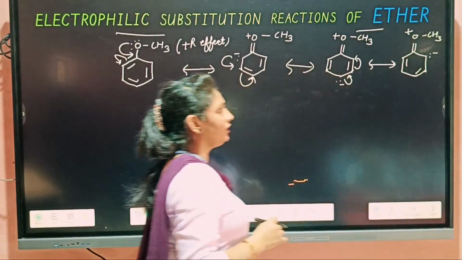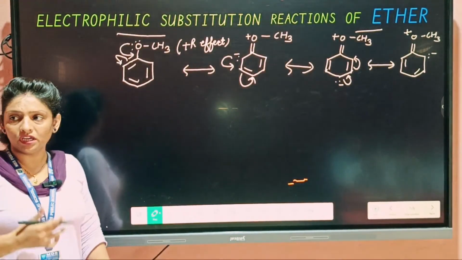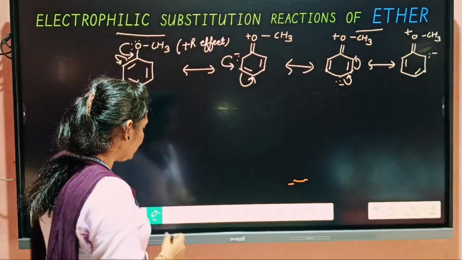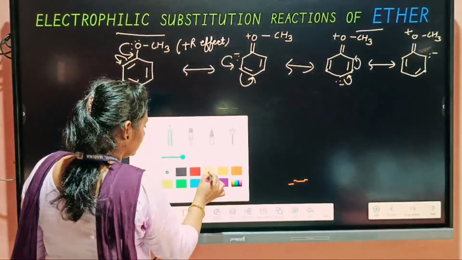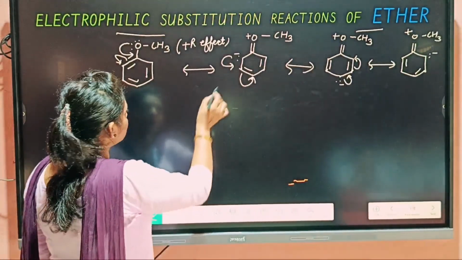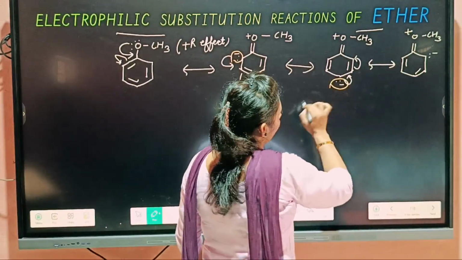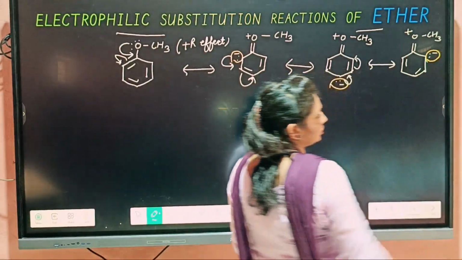So students, in the same way, we were making the resonating structures for phenol also. Here you can see that electrons are coming at the ortho and para positions only.